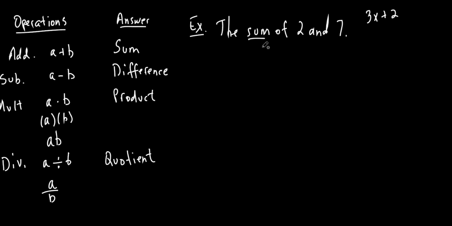First of all, you got to know what sum means. What are you doing to those two numbers? You're adding. So the only thing you do is just go 2 plus 7. Now you don't have to say equals 9, all right, because this doesn't say equals 9, does it? It just stops right there. It just says the sum of 2 and 7. So that's all you need to write. You don't actually have to solve it. Okay? Pretty easy, isn't it?